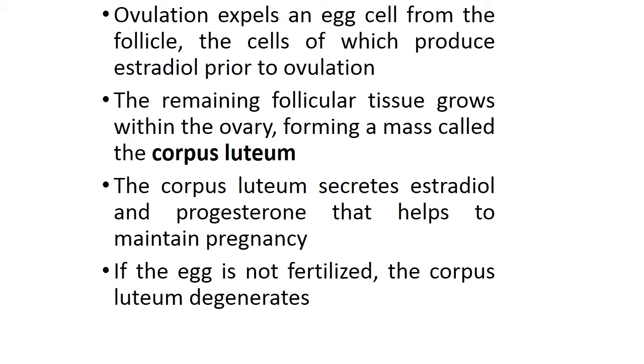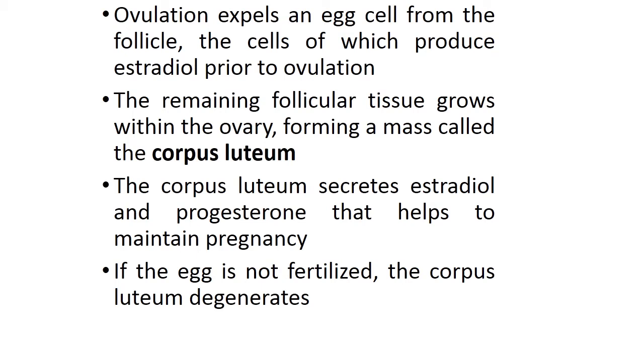Ovulation is the expelling of an ovum from the ovary. The follicle produces estradiol prior to ovulation, and once the ovum is expelled, the cells that surround it form a mass called the corpus luteum, which secretes estradiol and progesterone that help to maintain pregnancy.